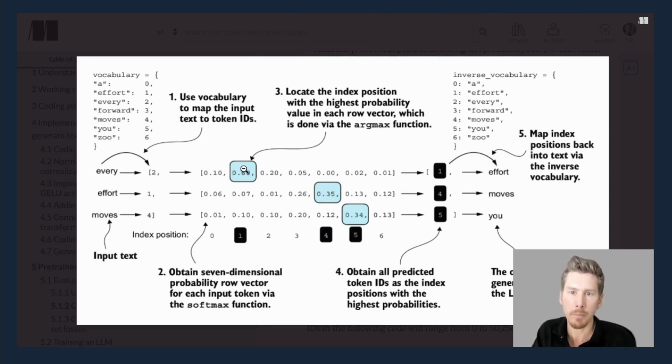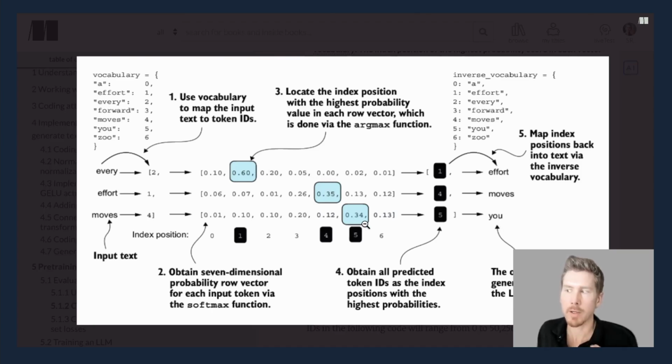Now what I'm looking up is what the positions of the target IDs are. So here it's the same. The highest position is the position of the target ID, because the target ID happens to be every effort moves you if the model generates the correct thing. So we have 1, 4, and 5 as the correct target IDs in this case, and they correspond to the highest positions.